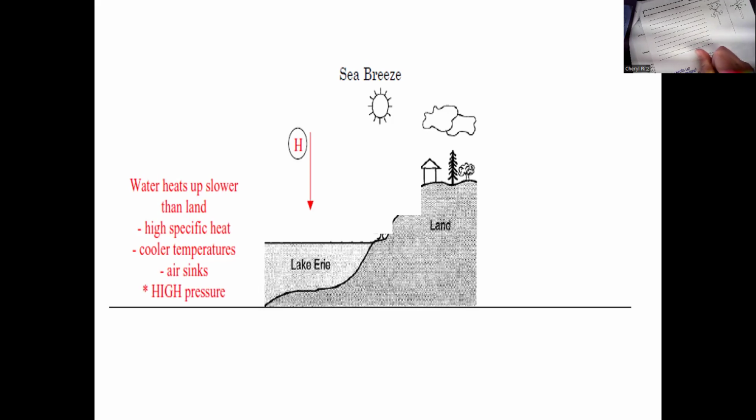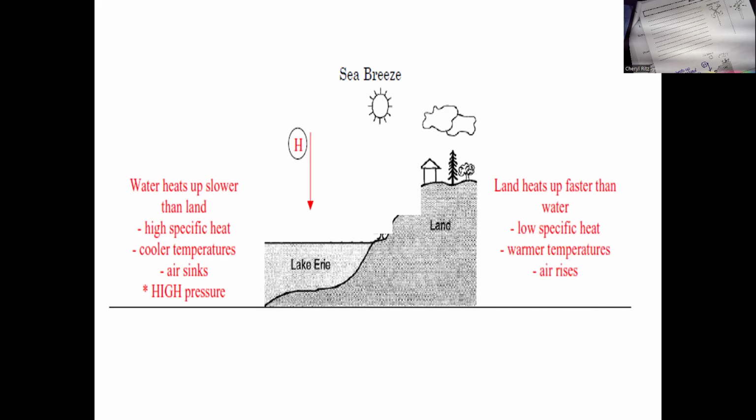I added an H above the lake with an arrow saying the air is going down. Now let's do the same thing on the land side, which we already talked about. Land heats up faster than water. Why? Because it has a lower specific heat. So we're going to have warmer temperatures over on the land.